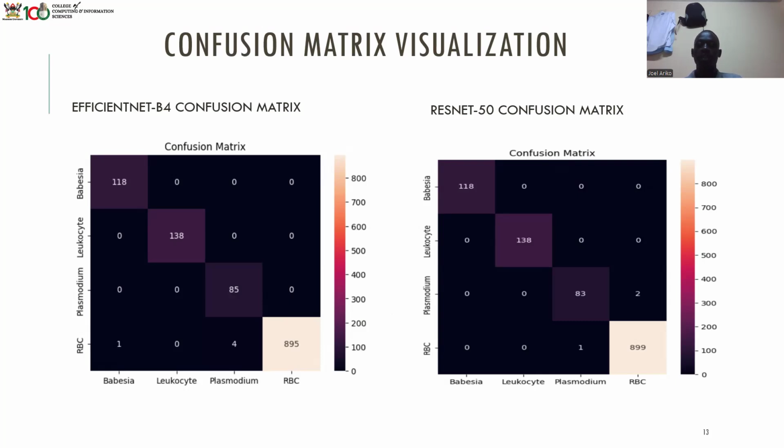But generally, the model performed well in the other classes because it was able to detect all the Babesia, the leukocyte, the Plasmodium, and the RBC.